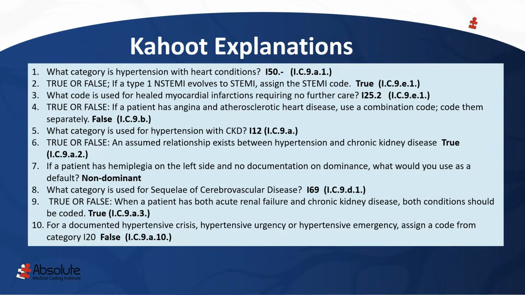So the first question, the category hypertension with heart condition. This is going to be referencing our guideline IC9A1. And so you're going to be using category code I50. And again, this is going to be recorded, so if you want to look back on this video, you can pause it.